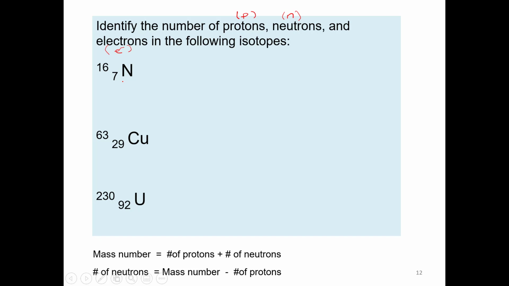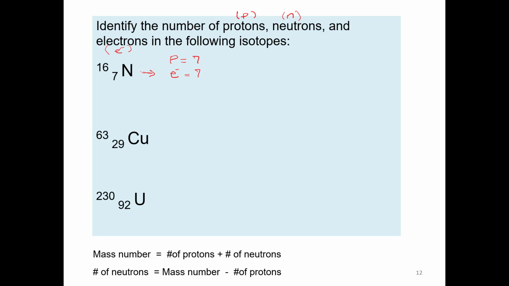Let's start with nitrogen. The 7 corresponds to the atomic number, and we know the atomic number equals the number of protons, so the number of protons is 7. Because this is not an ion, the number of electrons equals the number of protons.